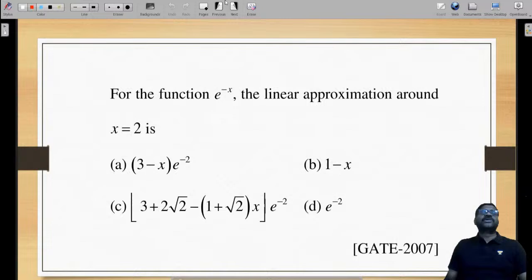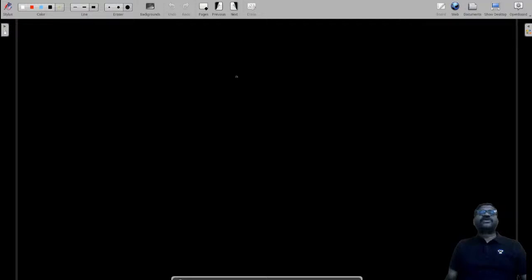Next problem. For e power minus x, the linear approximation around x equal to 2 is? f of x is e power minus x.